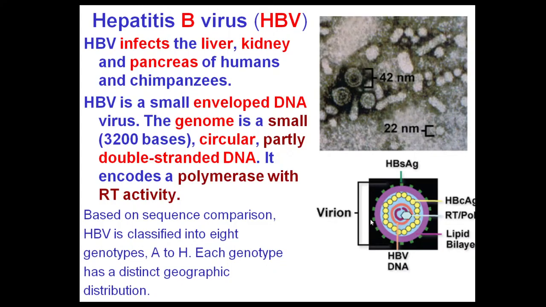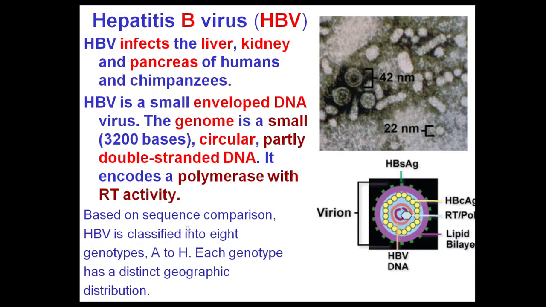It is a small enveloped virus, and you can see that the true virus is spherical, with a 42 nanometer diameter, and it is made up of partially double-stranded DNA, a very small one, around 3.2 kilobases. This virus encodes a polymerase with reverse transcriptase activity. It is a very important distinguishing feature of hepatitis B virus.